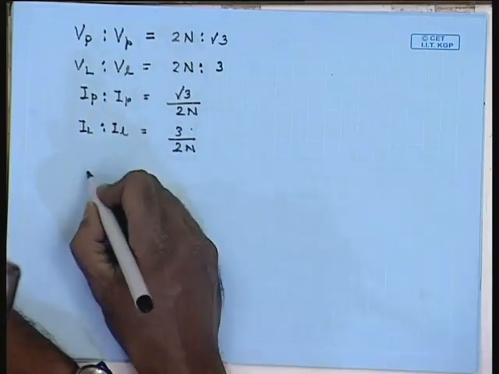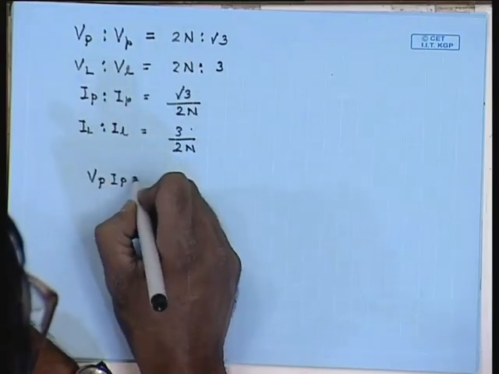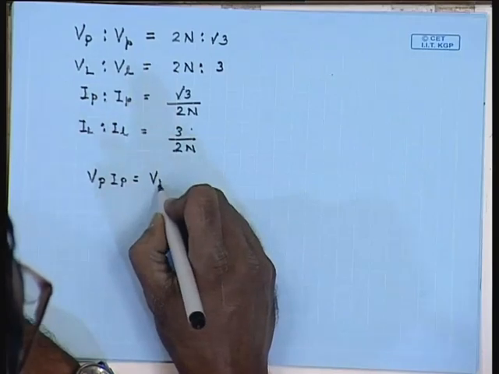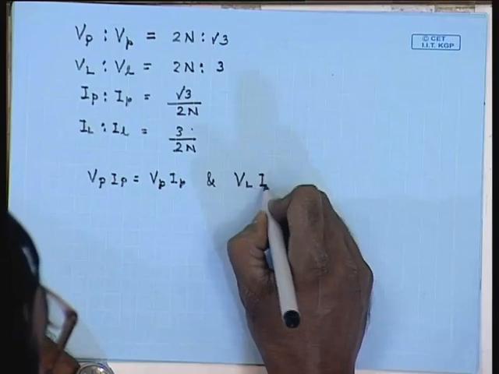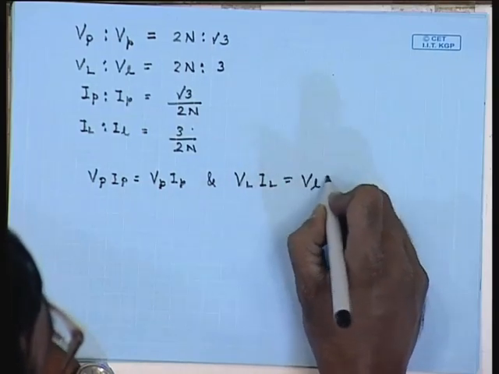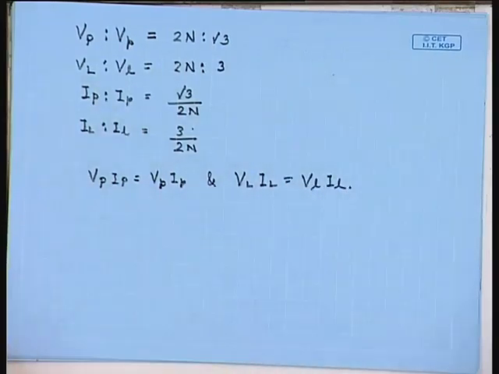Again here also we see V_P I_P equal to v_p i_p and V_L I_L equal to v_L i_L, which is due to the fact that we have assumed all transformers to be ideal. Thank you.